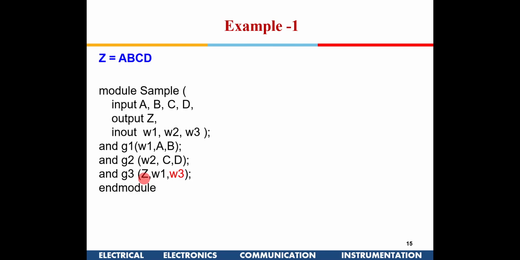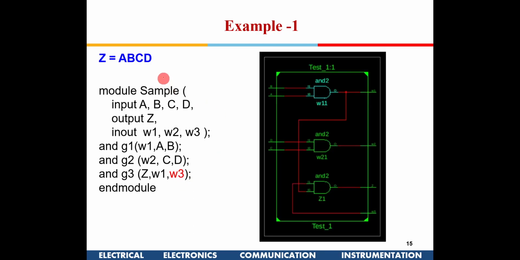If I have to implement ABCD, I should have given W2, but I have given W3. As far as the tool is concerned, this is a high impedance input. It is a hanging input.